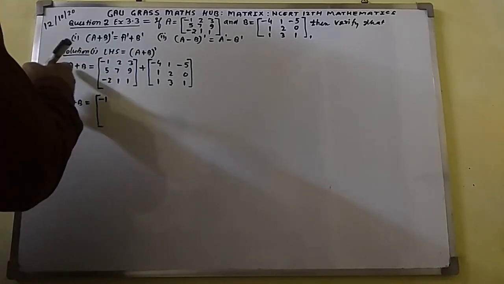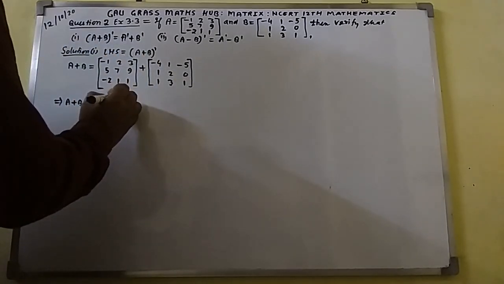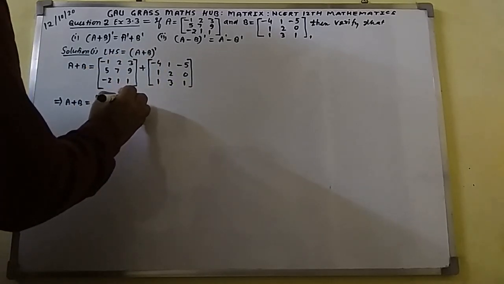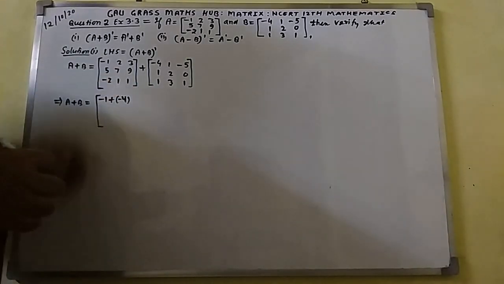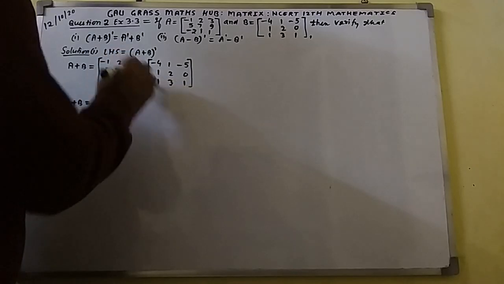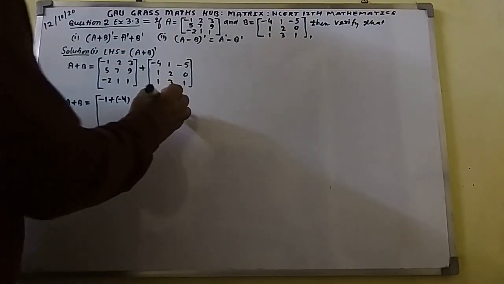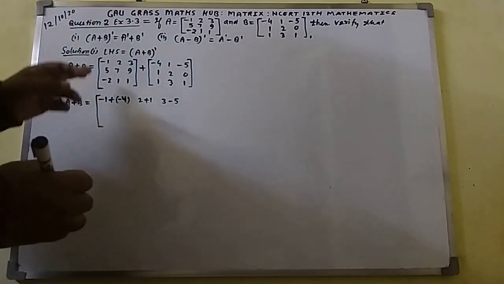The first element of matrix A, -1, I have written, then plus, and -4 from this matrix. Respective elements will be added together, so it will become 2 plus 1, and 3 minus 5.